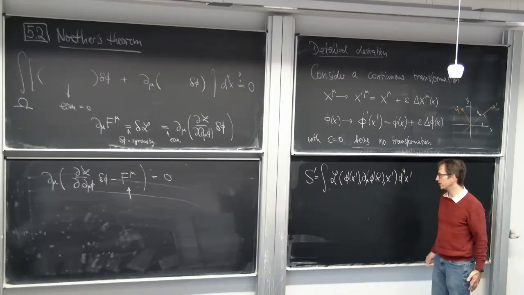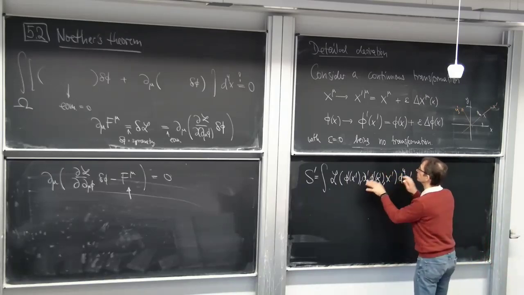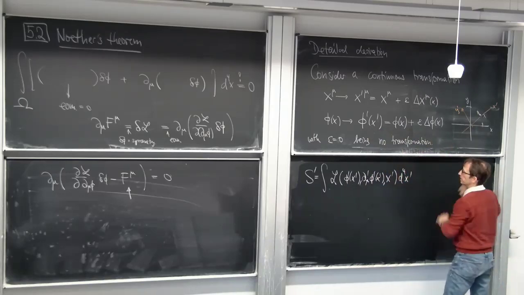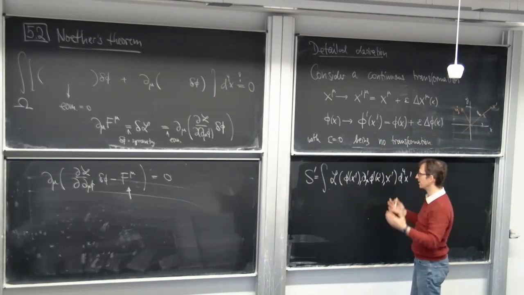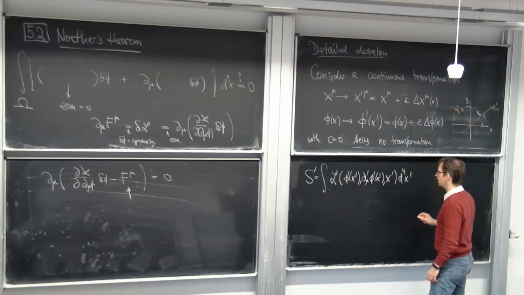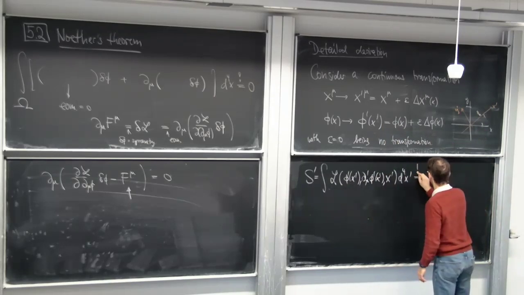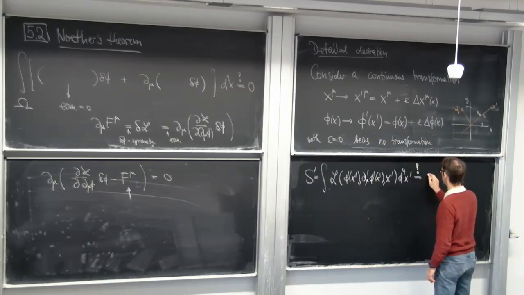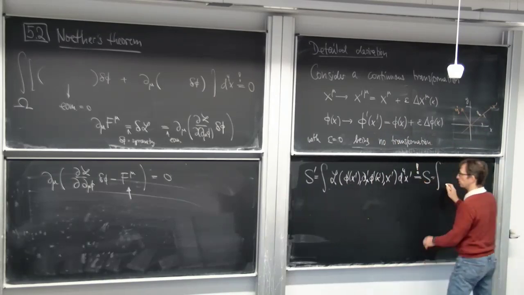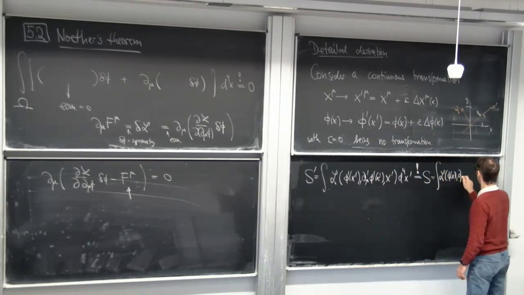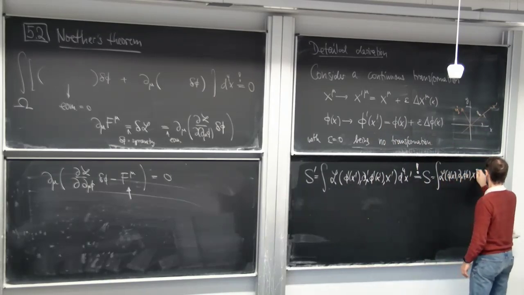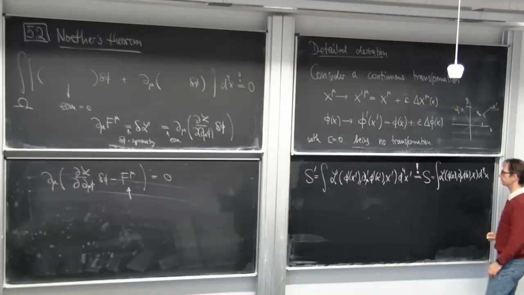It's of course the same thing where we plug in everything new, the new field and the new coordinate. But it's the one and only Lagrangian that there is of the theory under consideration. And that's supposed to be equal to the S without all the primes, L of phi of x, mu, phi of x, x, for x.